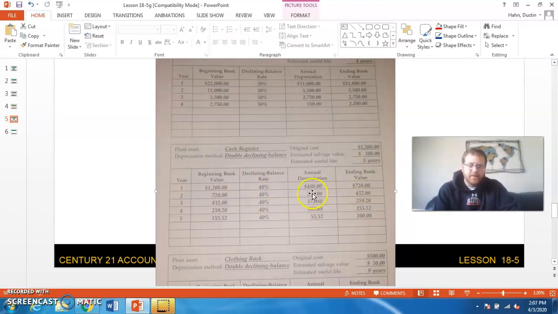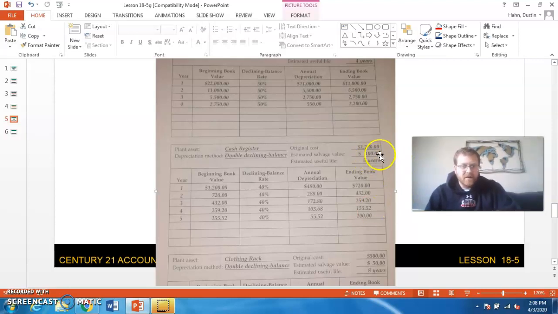Again, same process. Once you get to the end of year 4, you have 155.52. If you were to take that times 40%, that falls below your salvage value. Let me go ahead and calculate it. 0.52 times 0.4 comes up to be $62.21.